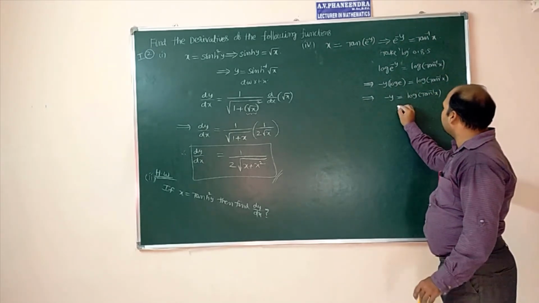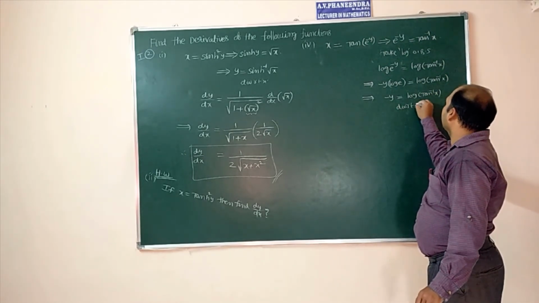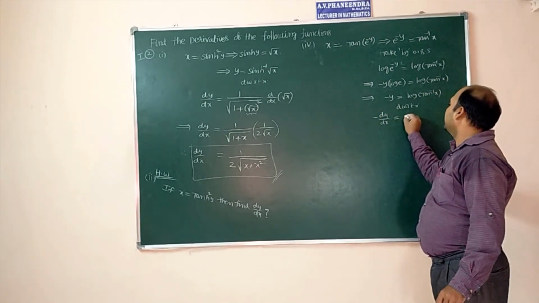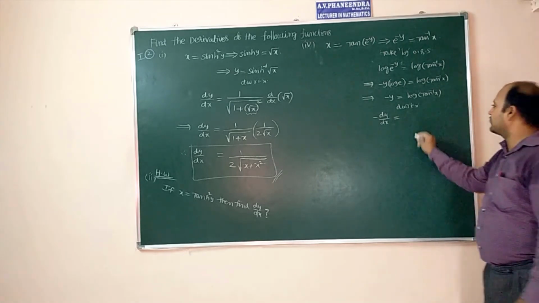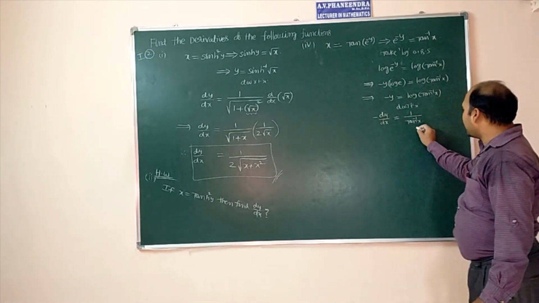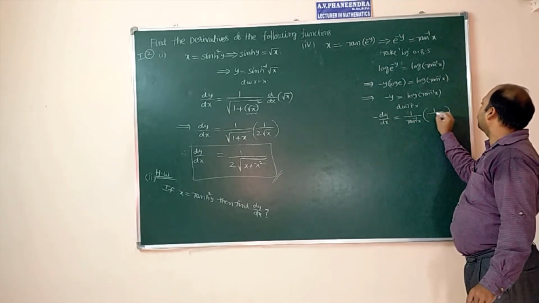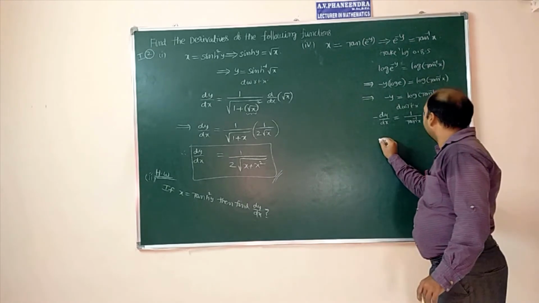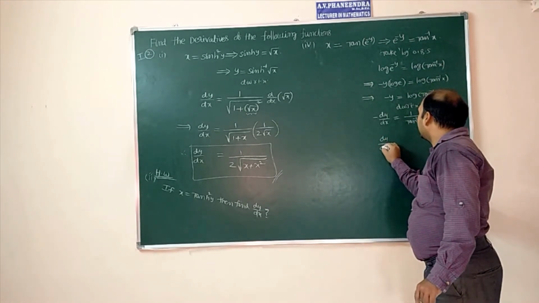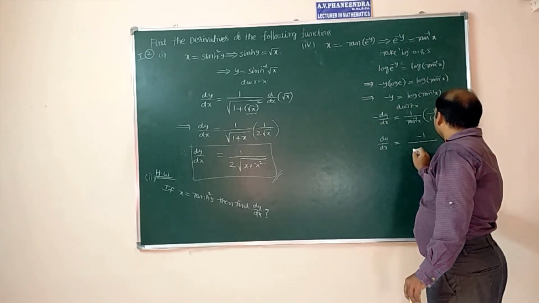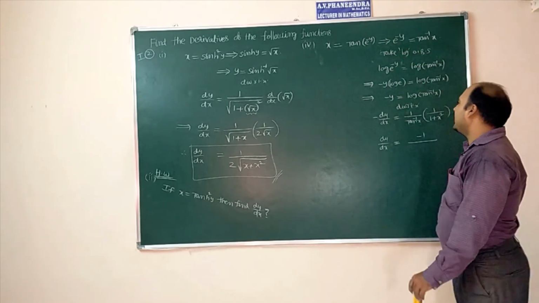Now differentiate with respect to x. Minus y derivative is minus dy by dx, equal to the derivative of log f of x, which is 1 by f of x. That means 1 by tan inverse x. Again tan inverse x we have to differentiate, 1 by 1 plus x square. So dy by dx equal to minus 1 by tan inverse x, which we can write as e power minus y.